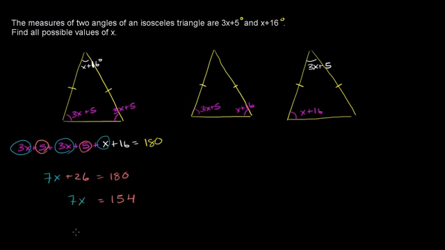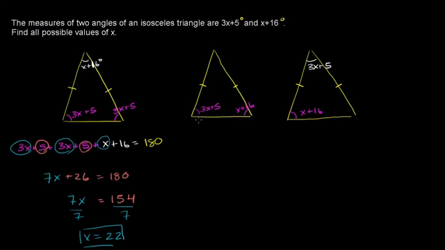And if we divide both sides by 7, 7 will go into 140 20 times, and then you have another 14. So it looks like it's 22 times. So x is equal to 22. Is that right? 20 times 7 is 140. 140 plus 14 is 154. So we have x is equal to 22 degrees in this first scenario.